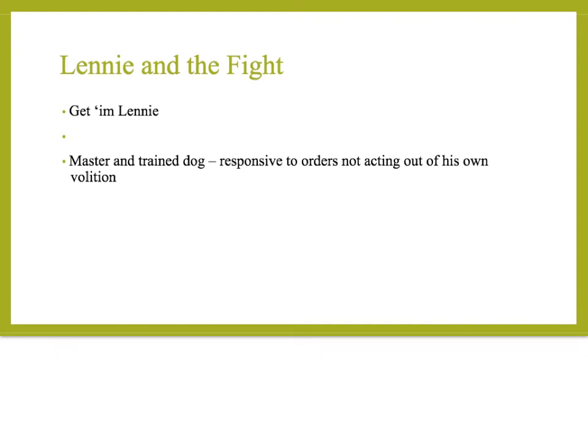But here, after that, we have the fight, and you have "get him, Lennie." Now remember, we've had the use of the imperative verb previously. We've had it on this slide here with "give it here, give it here" in relation to demanding that mitten in chapter 1, and here you have another imperative, "get him, Lennie."